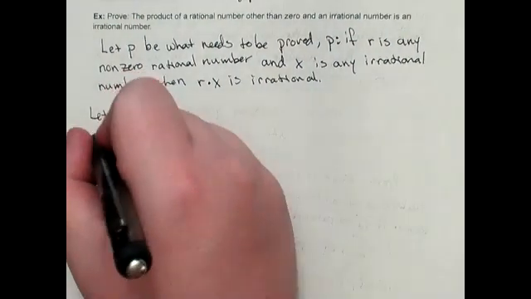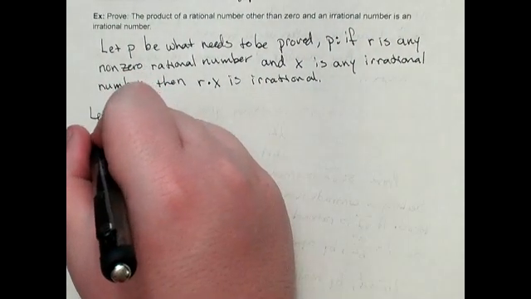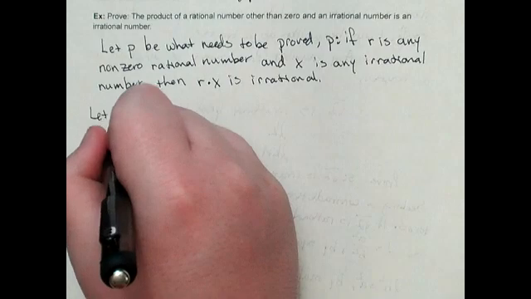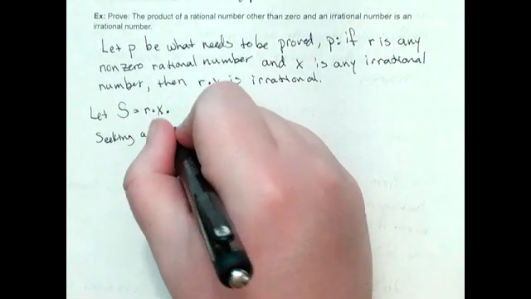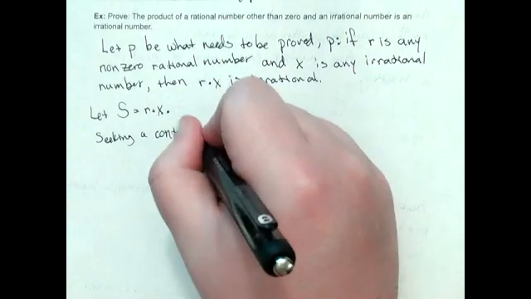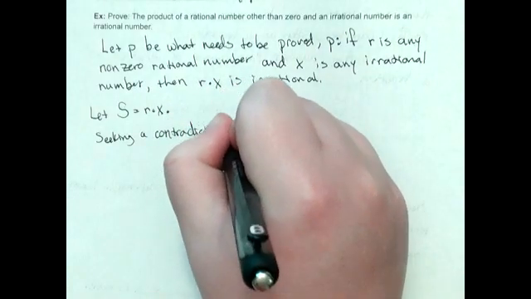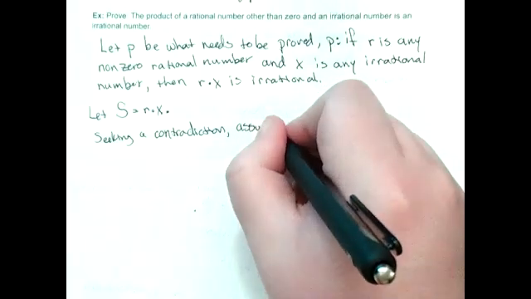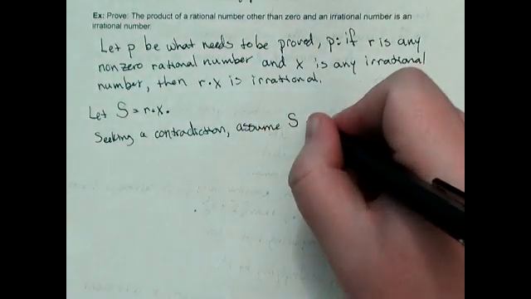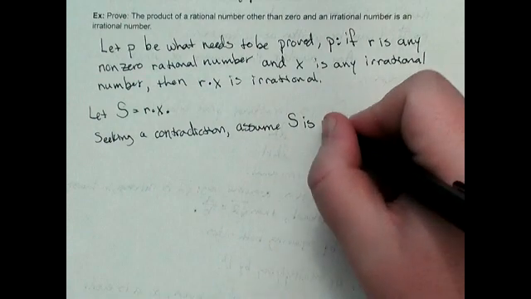So I'm going to start this next line by saying, seeking a contradiction, assume s is rational.